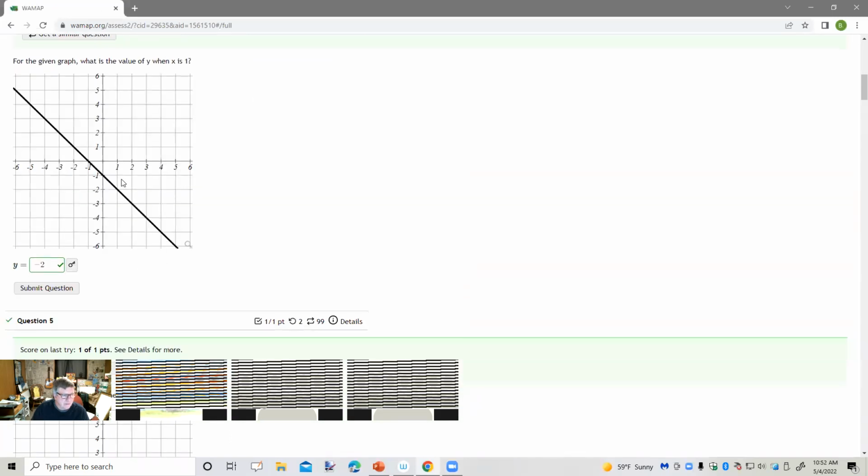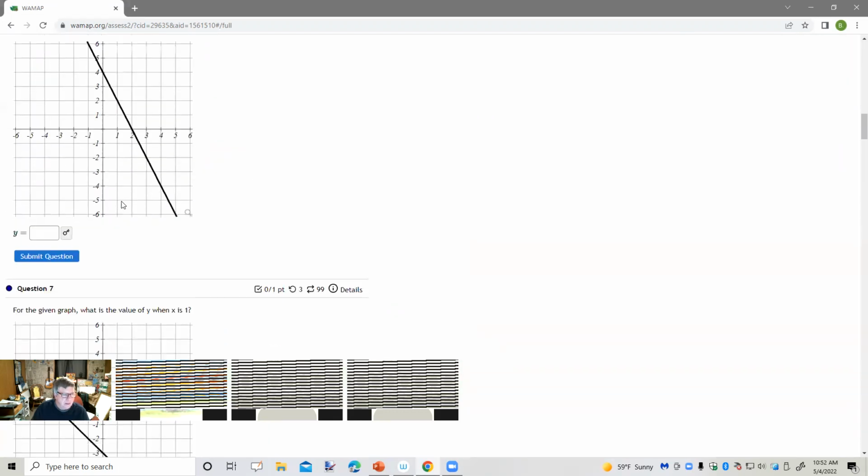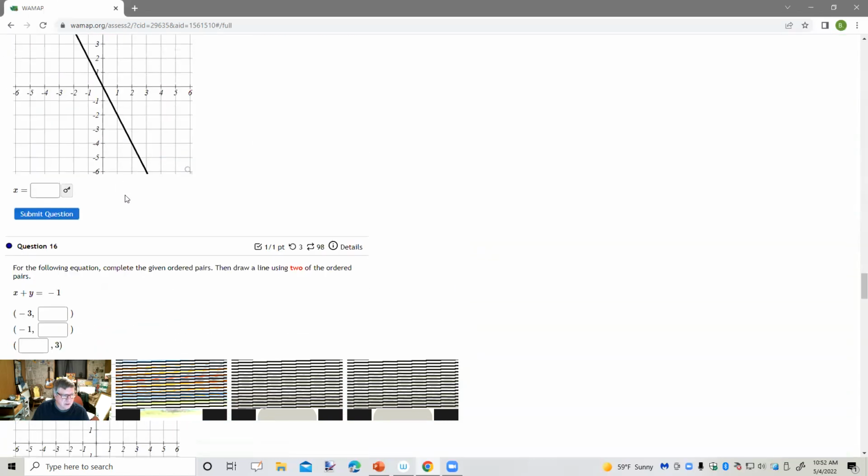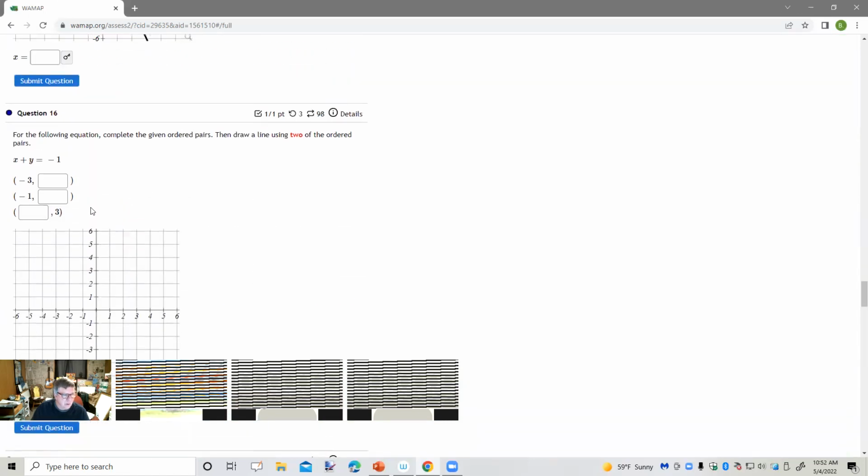Then, given a graph of a line and one of the coordinates for a point on the line, find the other coordinate. And then finally, just like the first set of equations, find the three ordered pairs, plot two of the points to graph the line. Any questions?